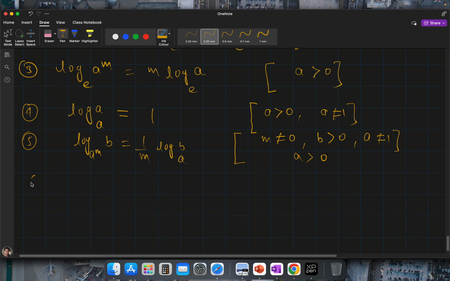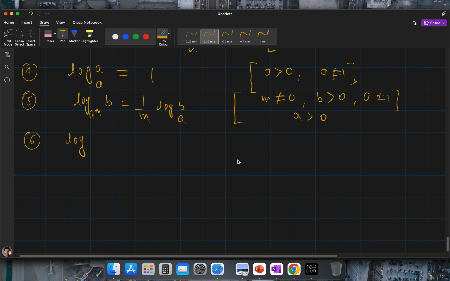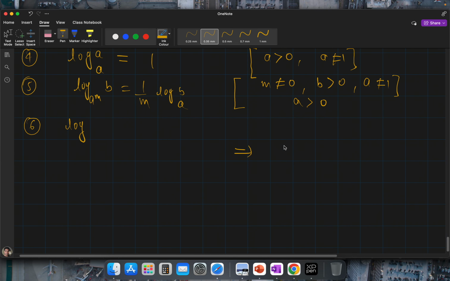Yes. Sixth property. So what is the actual meaning of that base? Base is actually defined like this. Suppose you have an exponential function a raised to the power x equal to y. Okay, then this base is actually defined by x log a.